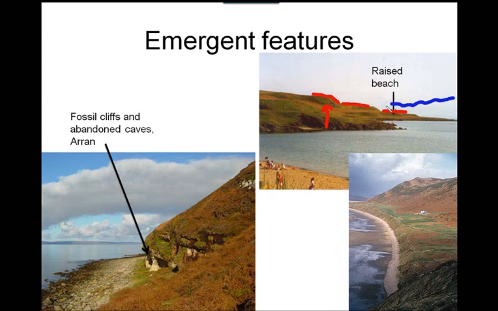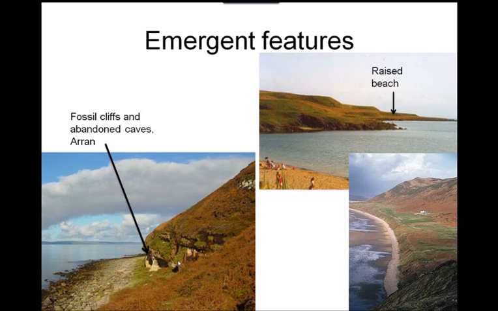So here, for example, you have one sea level, here's another sea level, maybe even another sea level here. Now, the land subsequently has risen up out of the sea, if you like, on 3 occasions, and left these flat raised beaches, and in a way we should call them raised wave cut platforms. So that's that.